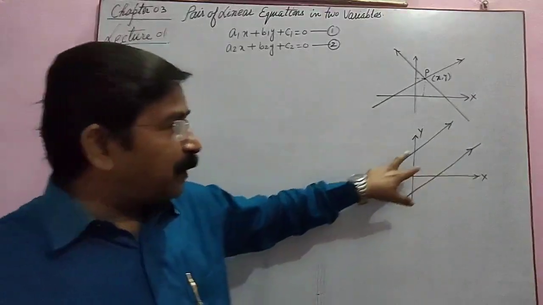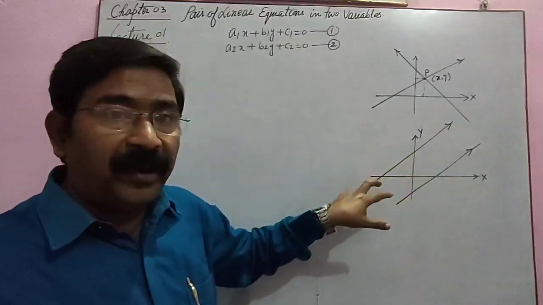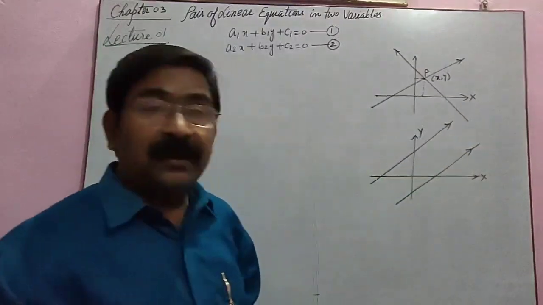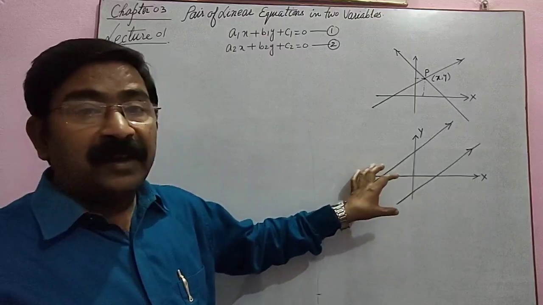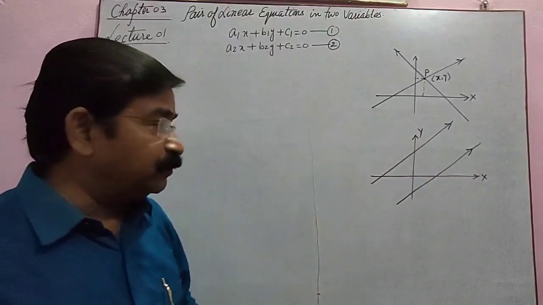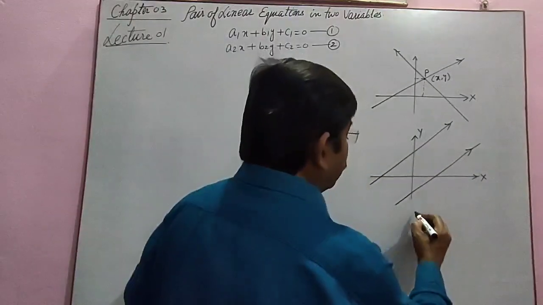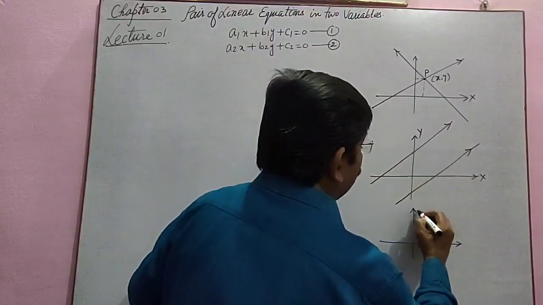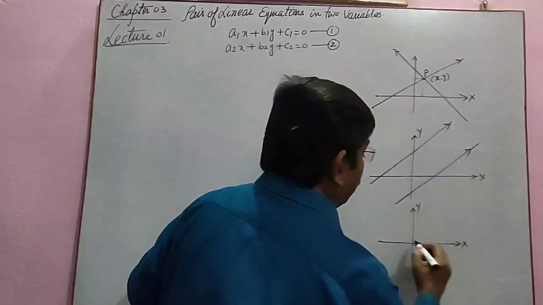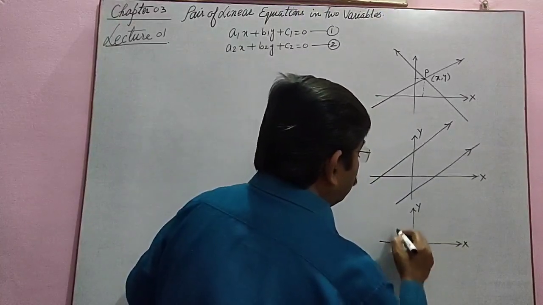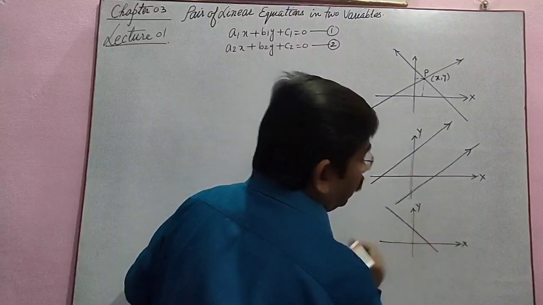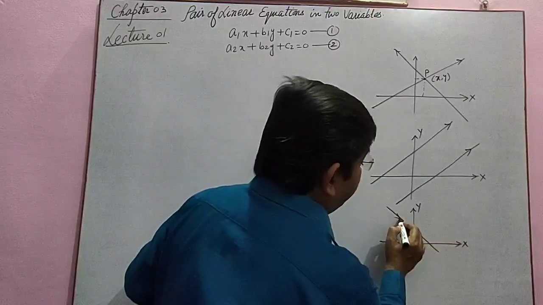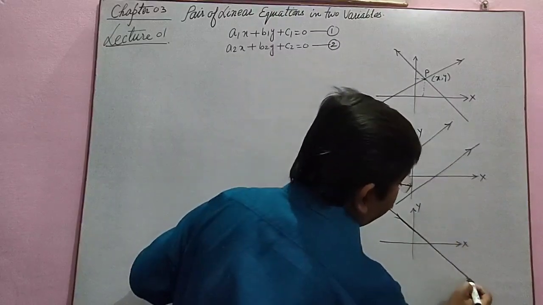These two lines are parallel, meaning they meet nowhere, meaning there is no intersection between the lines. It means the equations will have no solution. One more condition: suppose this one is the x-axis and this one is the y-axis, and a line goes this way and another line is overlapping this line.